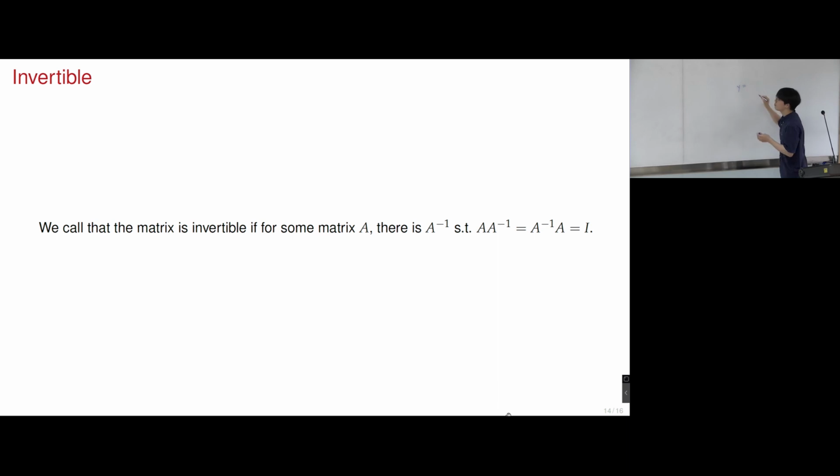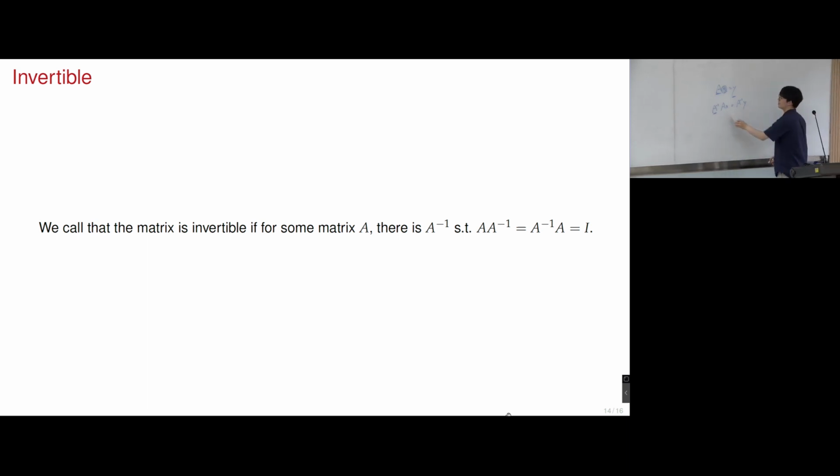Like you're solving a mathematical or economic question, and you have multiple equations. And suppose you can write your equations into one line like this. So you have the y variable, you have A, and you're wondering about x, right? Then if A is invertible, you can multiply each side by A inverse to get this.